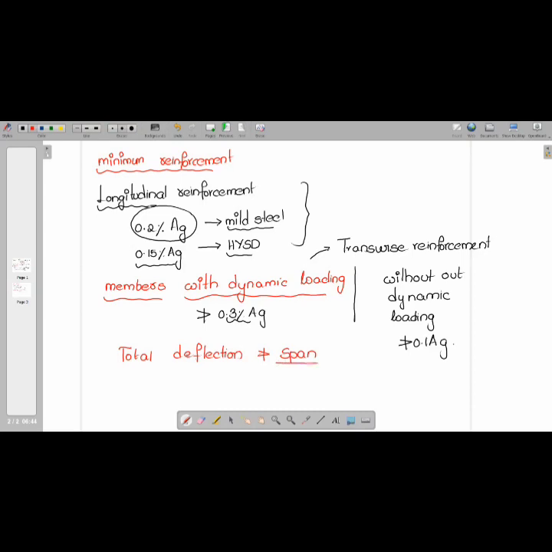And deflection after erection, meaning after erection you are providing any support or anything, should not be greater than span by 350. So all these are the codal specifications used for prestressed concrete. Is this clear for everyone, my dear students?